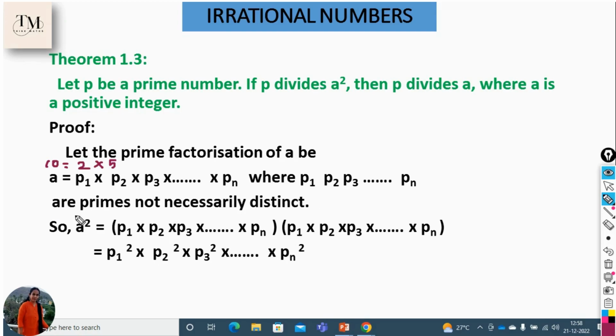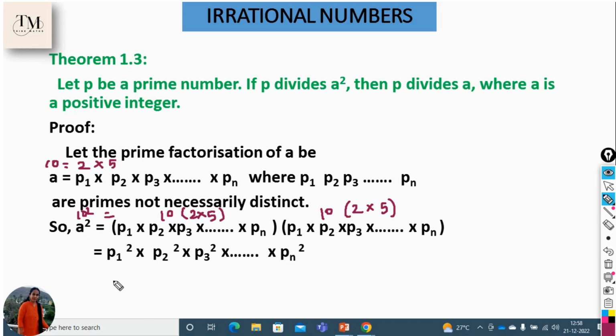Next, a square. a square is nothing but 10 square, which is 10 into 10. We factorize it as 2 into 5, and again 10 as 2 into 5.